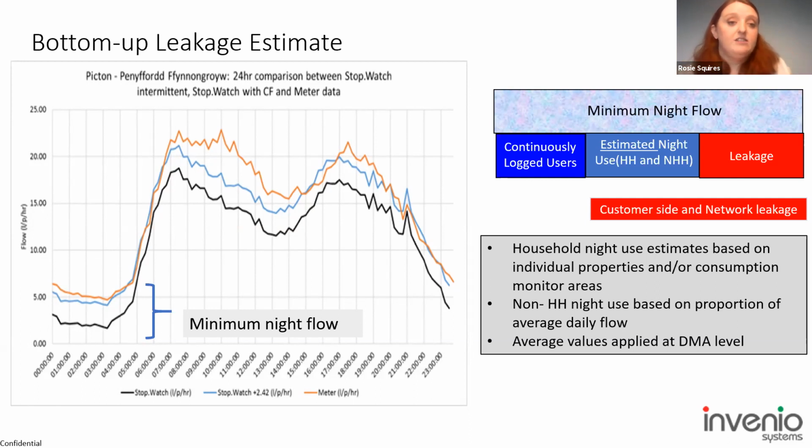If we look at this graph on the left, you get the DMA flow data from the 15-minute profile, you get the 15-minute accumulated data from each supply, and you try to match them up. There will be a gap between the two.